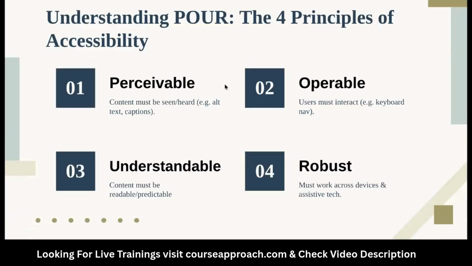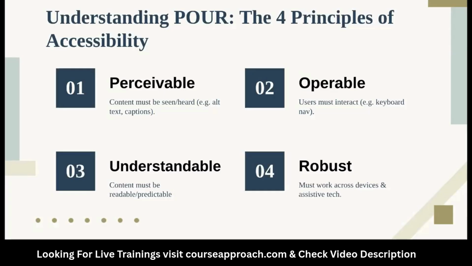Next, the main four principles we are looking at in accessibility. We have guidelines called WCAG guidelines, and these guidelines fall under four very important principles. We call them POUR: perceivable, operable, understandable, robust. What is perceivable?